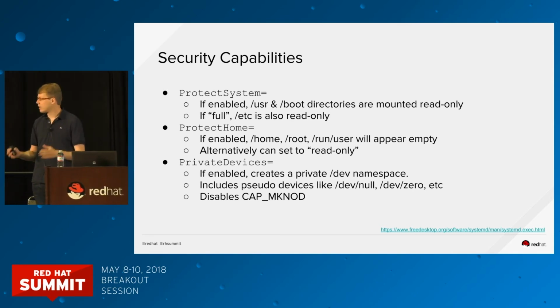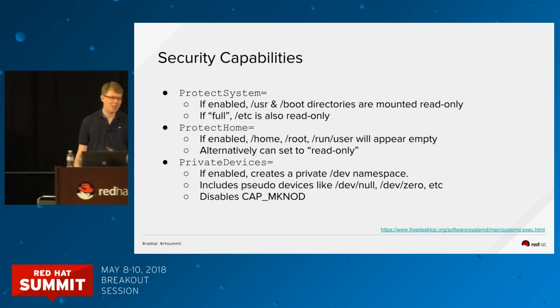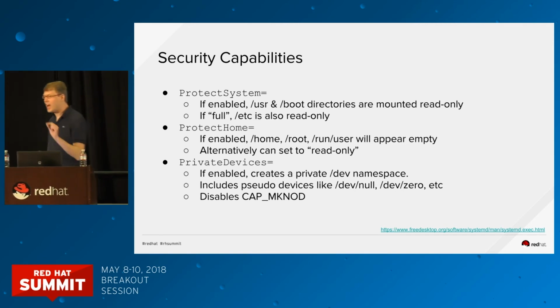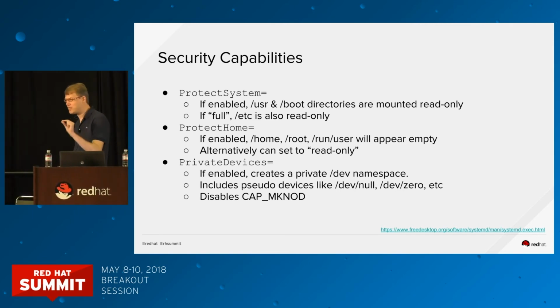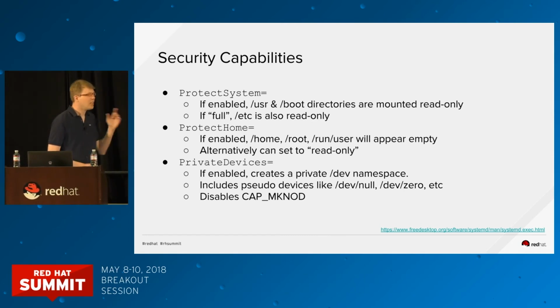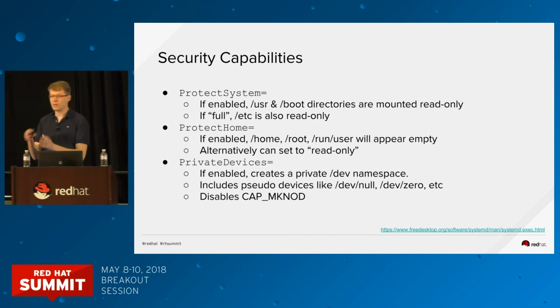Because, I mean, he always made a joke just earlier that you should not modify the stuff in /usr. ProtectSystem is your way to tell the service manager explicitly to make it impossible for specific services to modify /usr, right? If you enable it, superficially it's a Boolean, but actually it takes a couple of other values too.